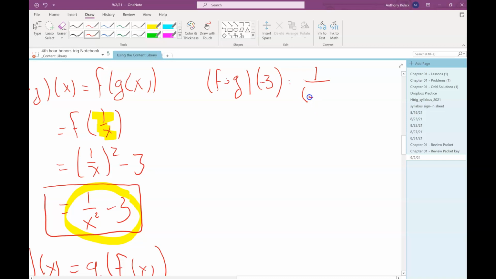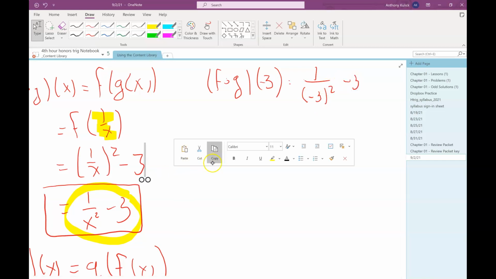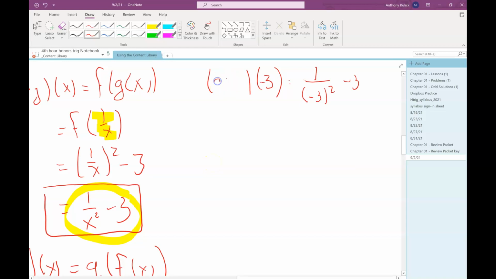So I can just plug negative 3 in. So then it's this one. So you could do it that way since we already know what the composition is.